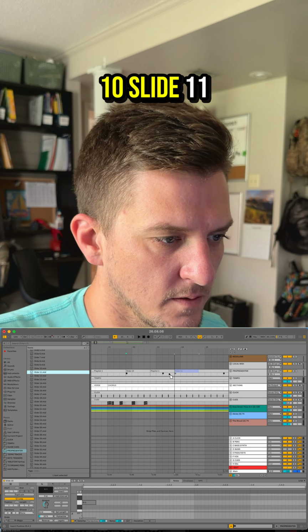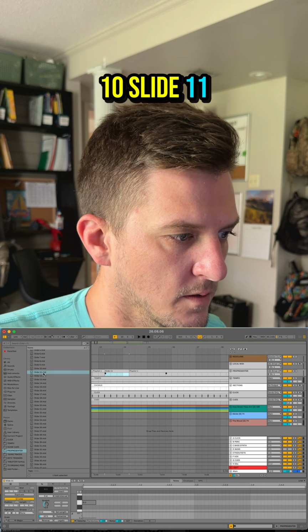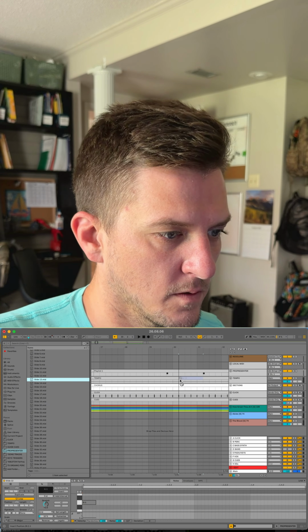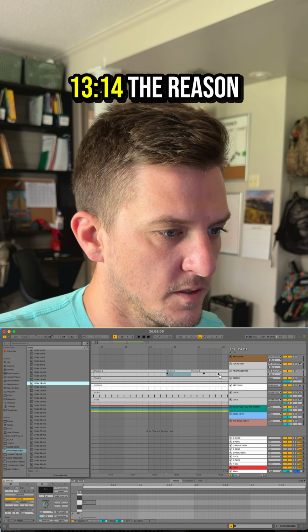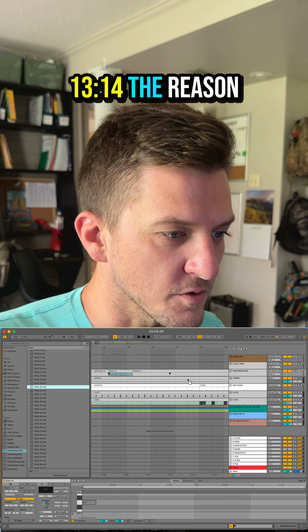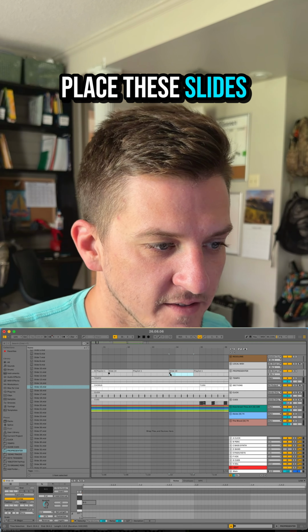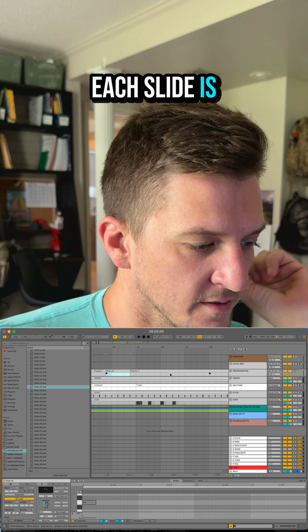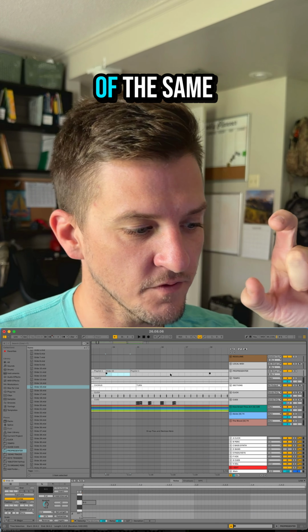So it'll be slide 10, slide 11, 12, 13, 14. The reason I have to manually place these slides like this is because each slide is the actual velocity of the same note.